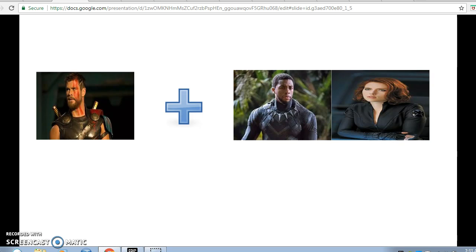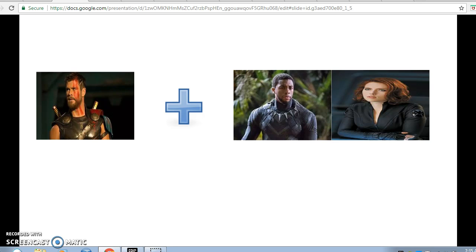So in this equation we have Thor, right by himself, and then we have Black Panther, who's going out with Black Widow, the baddest chick in the Avengers series, and they're together, and Thor is single, but Thor wants Black Widow because he has a crush on her.